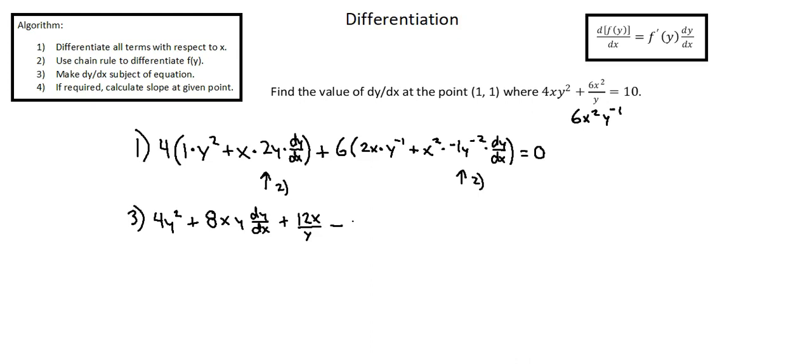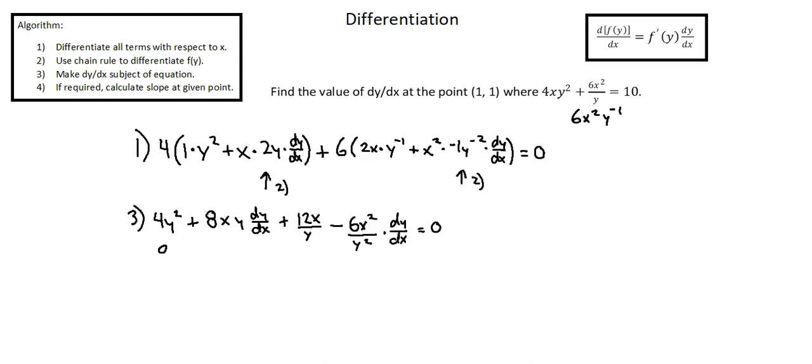We'll have a negative 6x squared. With a multiplication of y to the power of negative 2, we'll put the y term in the denominator as y squared times dy over dx equals 0. On the left side of the equation, I'm going to keep the terms with dy over dx as a factor and move all other terms to the right side of the equation.